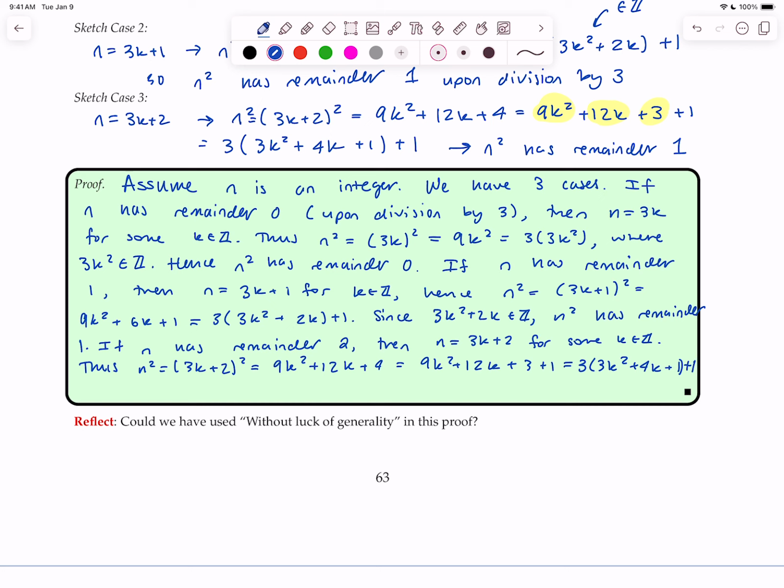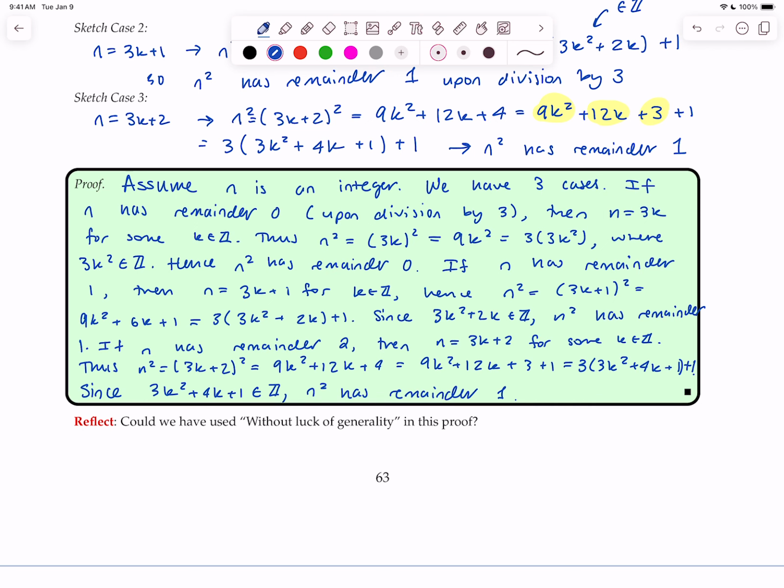All right. And then you could say, since the thing in parentheses, 3k squared plus 4k plus 1 is an integer, n squared has remainder 1.